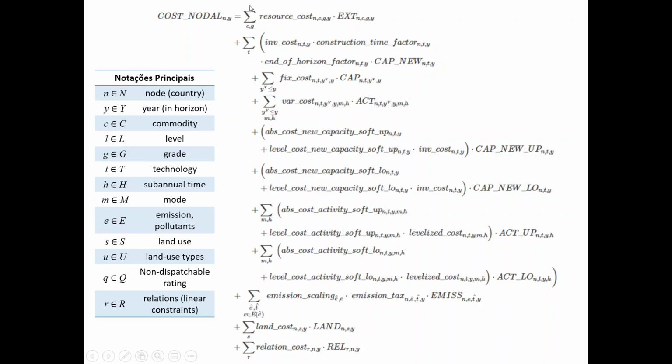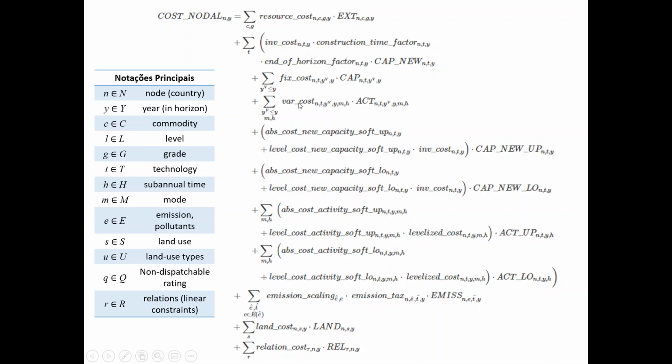variable that needs to be optimized, which is the cost, which has several variables related to the cost. For example, the land, relations might have costs, emission might have costs, variable costs, fixed costs, investment costs of the technologies, transmission lines, coal power plants, whichever technology you have to invest in to develop your grid. It's very important, for example, to see these notations.